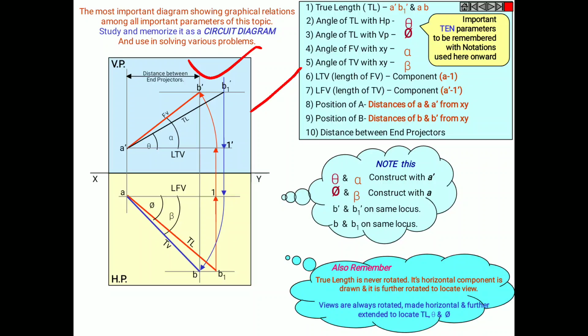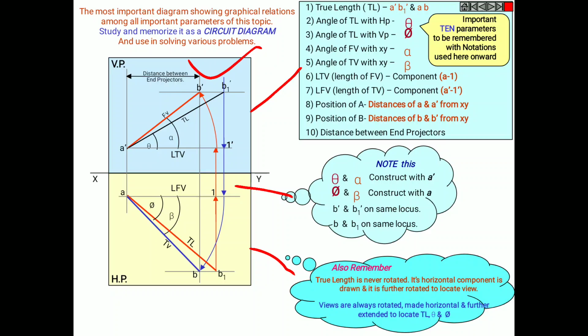The 10th one, distance between end projectors. So, you can see, note this, theta and alpha construct with a dash b1 dash, phi and beta construct with a b dash and b1, on the same locus, b and b1 on the same locus.